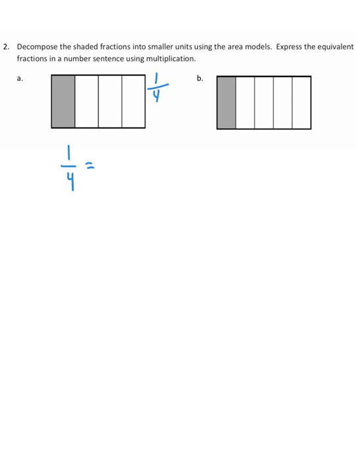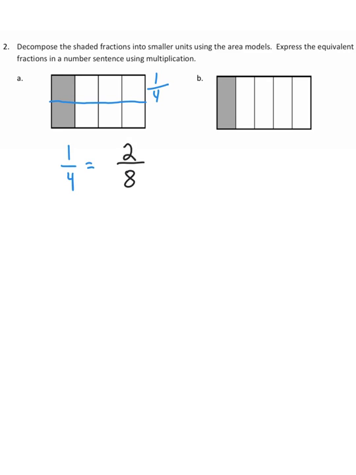We're going to need to shade another fraction to make smaller units using this model, and I'm just going to cut it right in half to get myself to another fraction. And now I've got 1, 2, 3, 4, 5, 6, 7, 8. Now I have 8 in the denominator, and 2 are now shaded in.